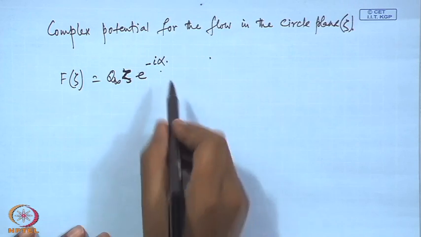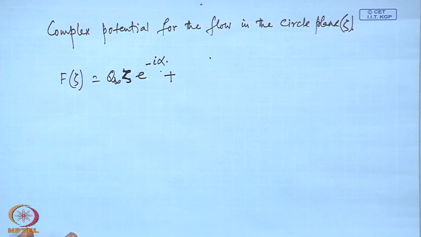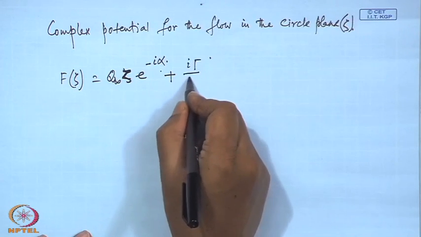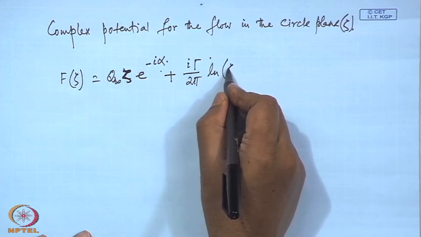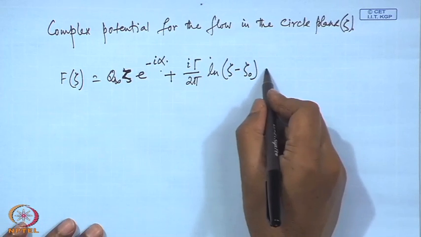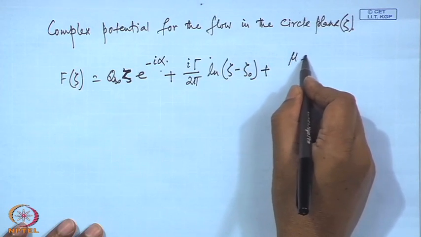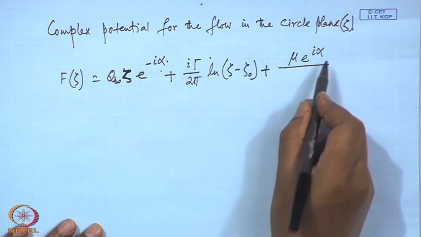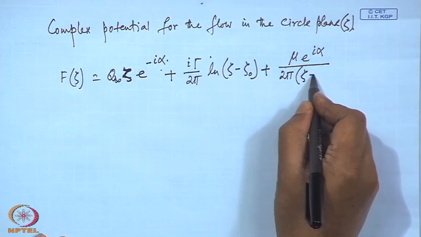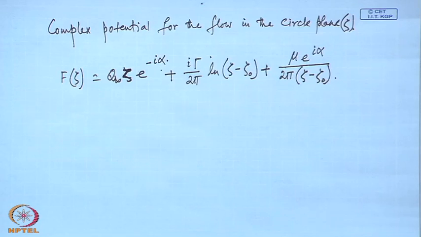Plus due to the circulation, I gamma by 2 pi log... We have the values for Q infinity, gamma, mu, alpha.